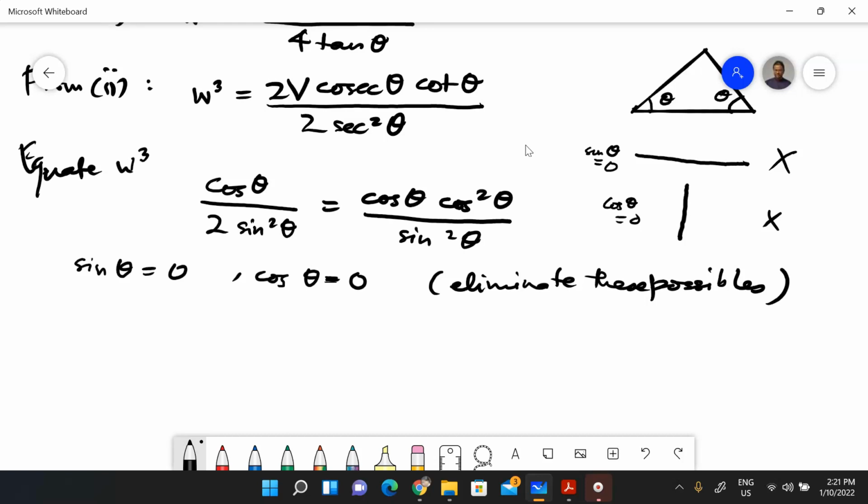If one looks at that equation, since sine theta is not going to be 0, I can just divide by sine squared theta from both equations. So we are left with half cos theta equals cos cubed theta.